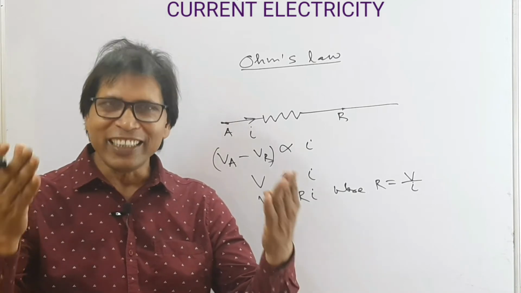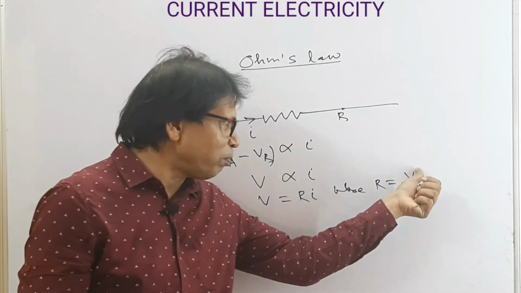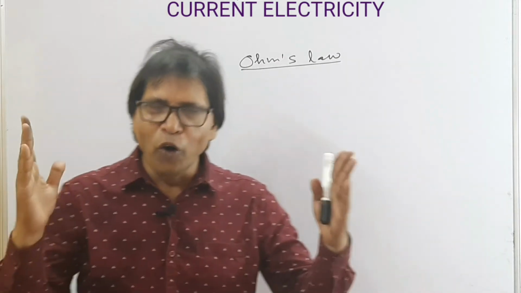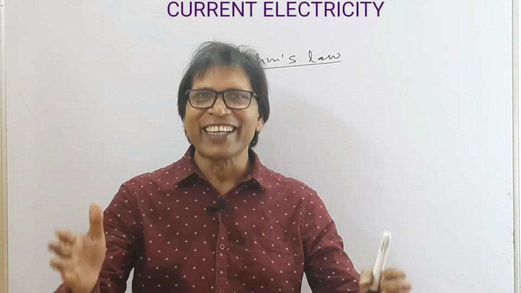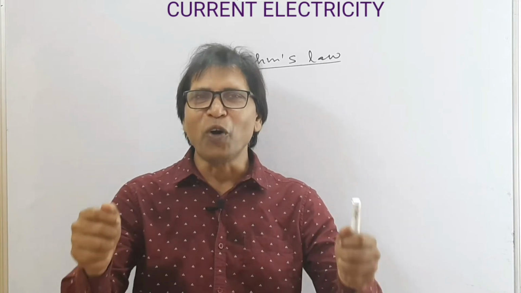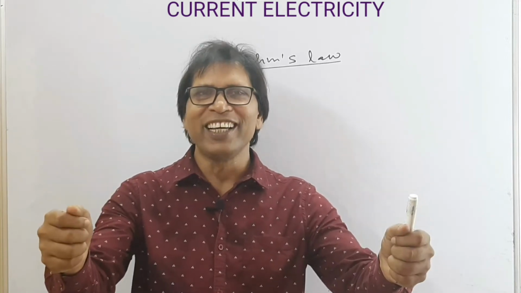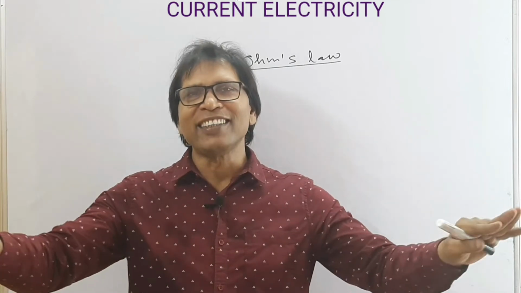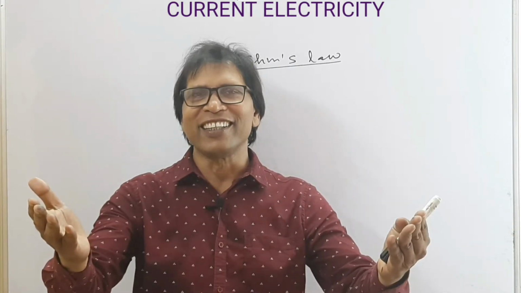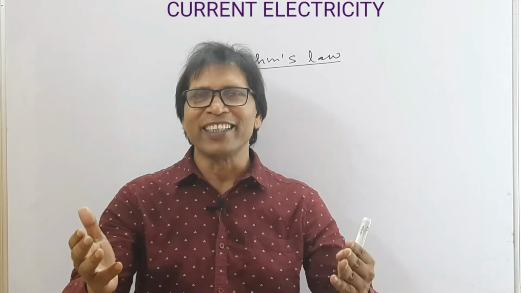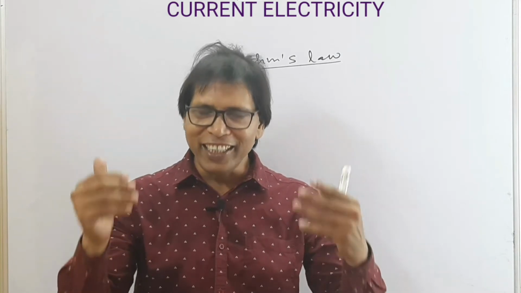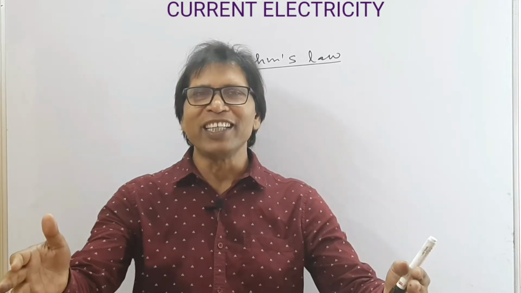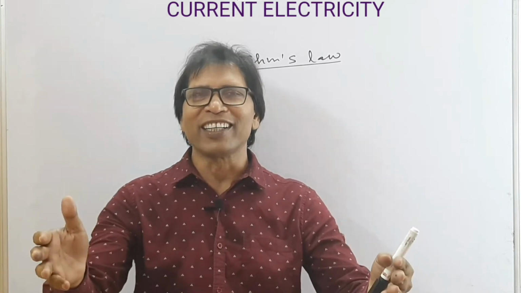Okay, its unit is volt per ampere or ohm. Now ohmic conductor, the conductors in which Ohm's law is obeyed are called ohmic conductors. All metals are ohmic conductors. Non-ohmic conductors, the conductors in which Ohm's law is not obeyed are called non-ohmic conductors.